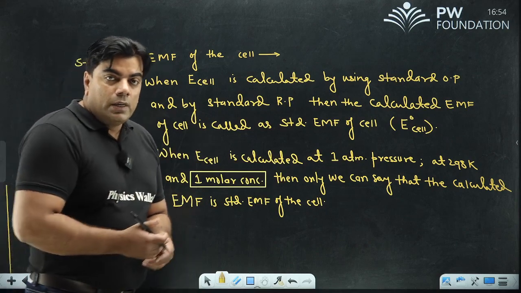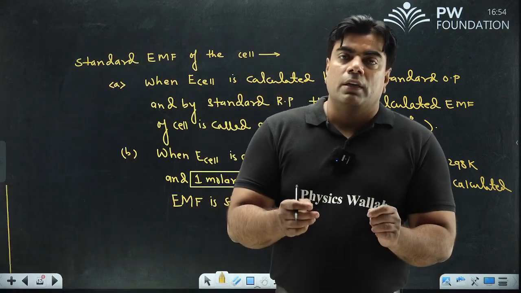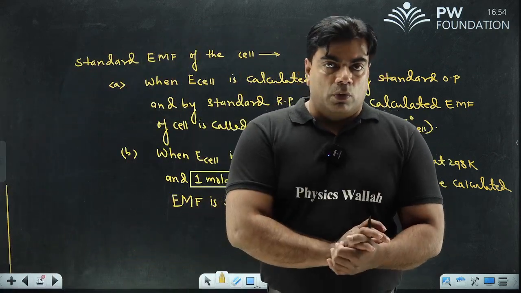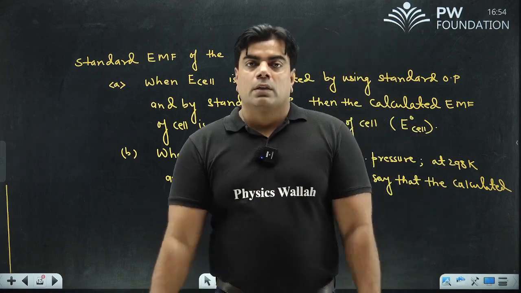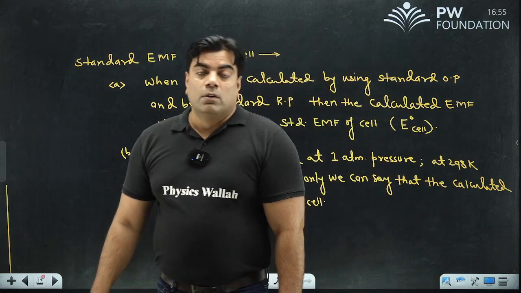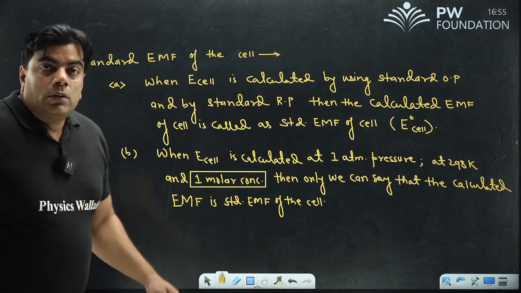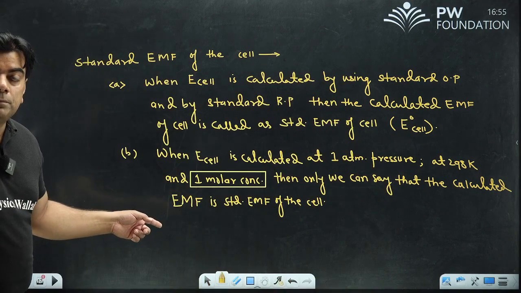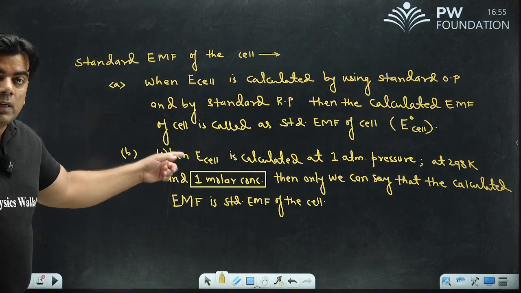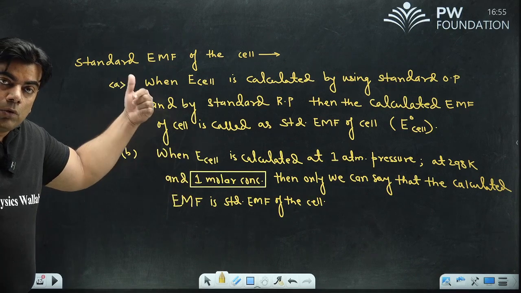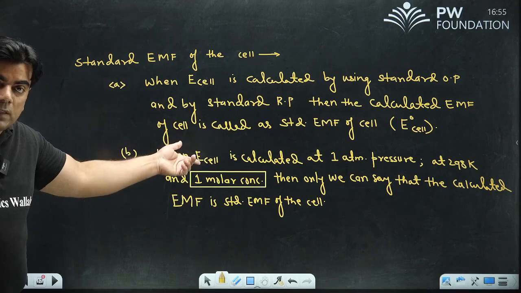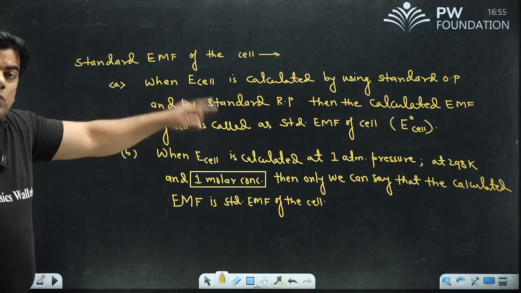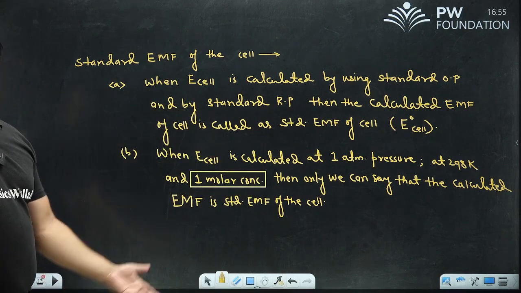So I want to say that if the question only says 1 molar concentration of electrolyte, what do you understand? You can understand that at 1 molar concentration, it is commonly assumed that the temperature is 298 Kelvin and the pressure is 1 atmosphere.